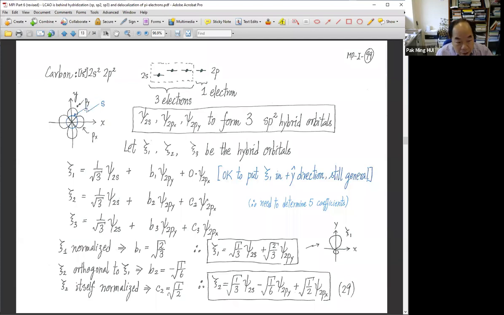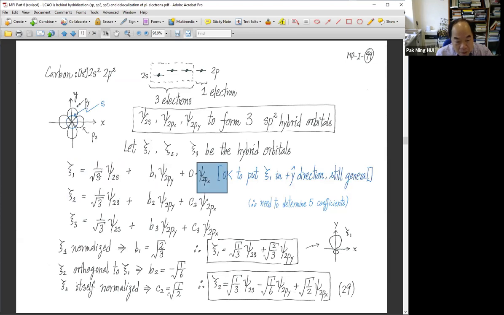So the idea becomes, let's form linear combination. I call the linear combined thing the hybridized orbitals C1, C2, C3, all right? They are linear combination of the S, Py, Px.